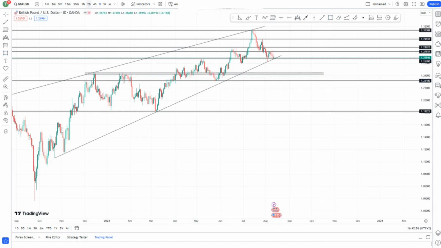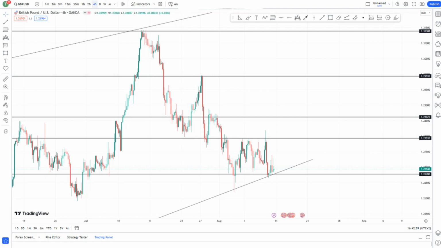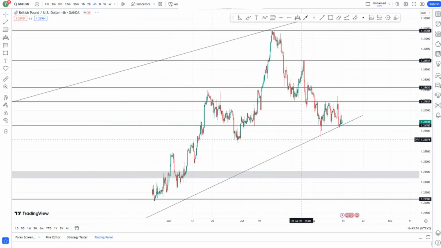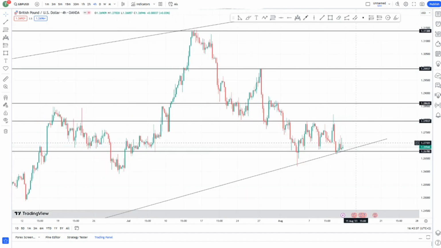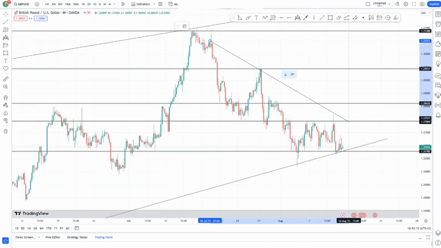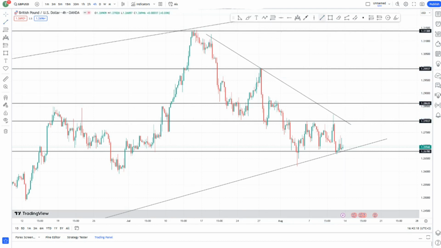So now I'm gonna go down to my 4-hour time frame, which is where I'm gonna look for more trend lines, more support levels that need to be pointed out on my chart. So now I do see that I have this existing trend line right there, and I have this supporting trend line right here, right?